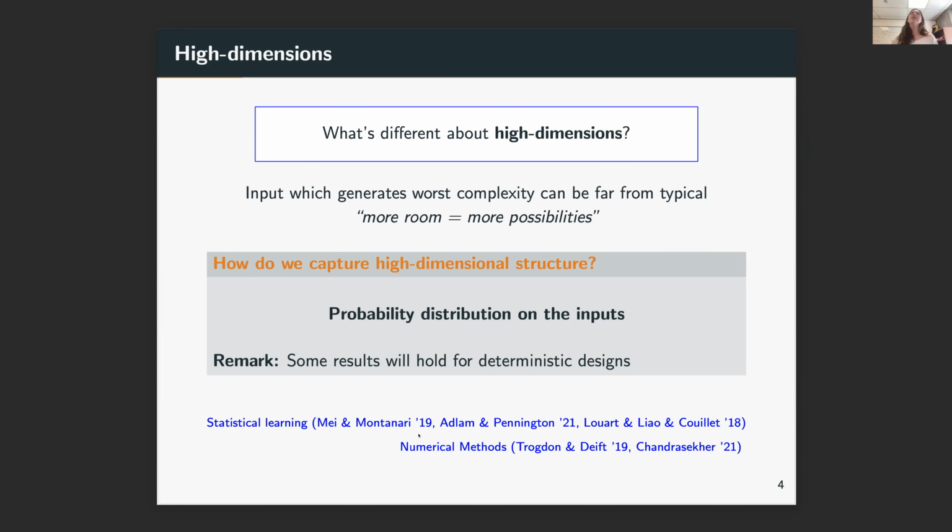It is quite difficult, but we use a little trick from statistical learning theory where you put a probability distribution on your input. So you put this probability distribution on your inputs, and then you analyze what the complexity is.